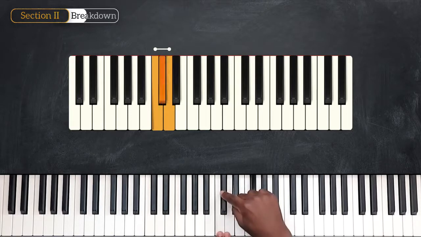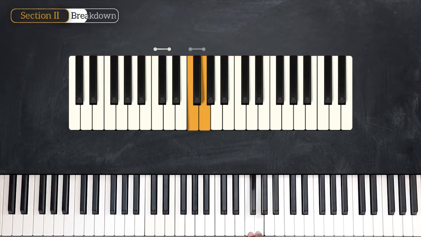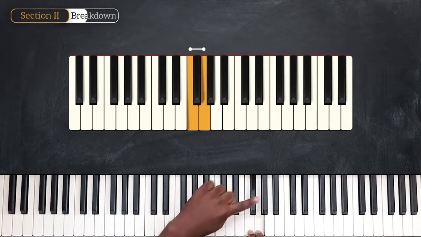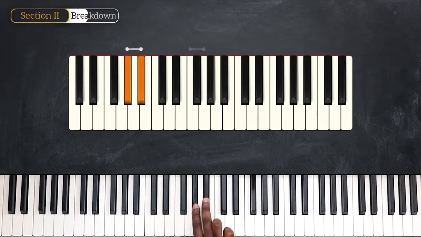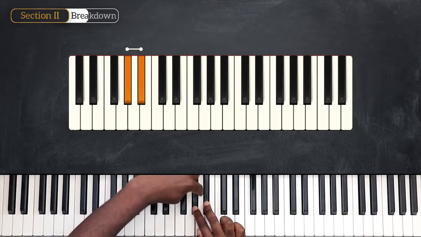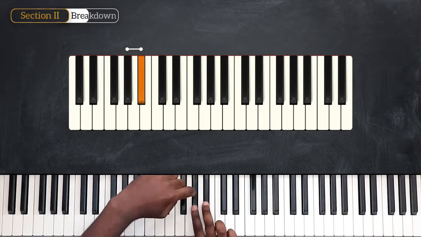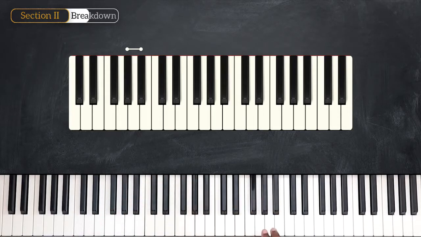You have this note in between. That's a whole step. This note is in between. That's also a whole step. This note right here is in between the two. And finally, those two are also separated by one whole step.